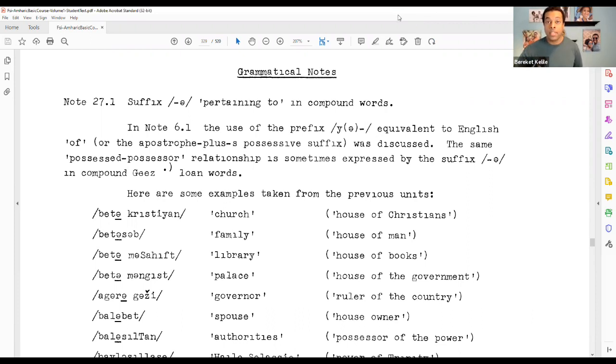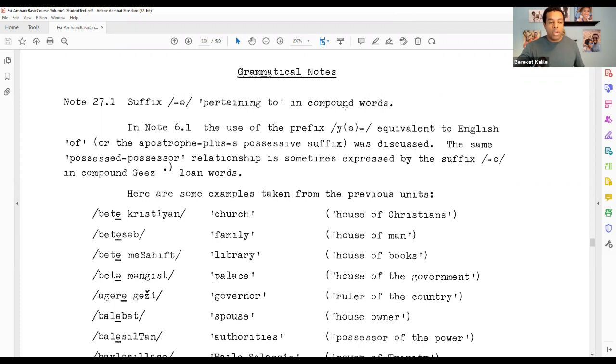Let's dive right in with note 27.1, where we're looking at the suffix pertaining to "of" in compound words, specifically words coming from Ge'ez, one of the root languages spoken in ancient Ethiopia. Think of it as kind of like Latin to the Western world.